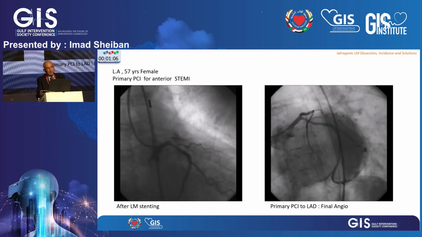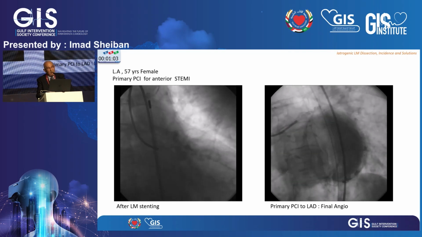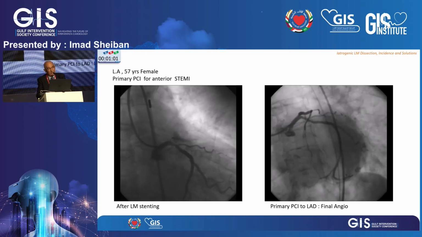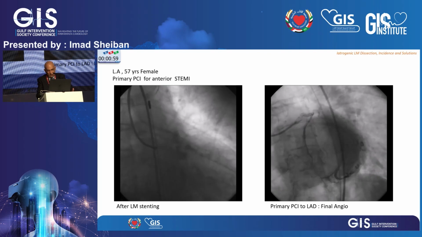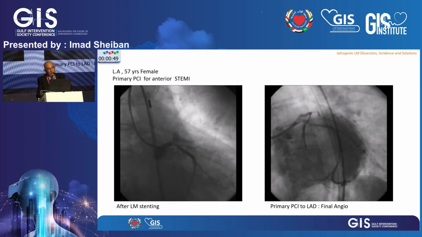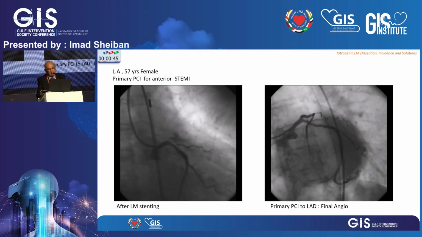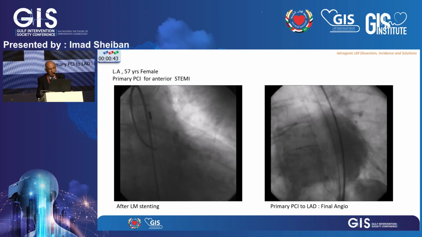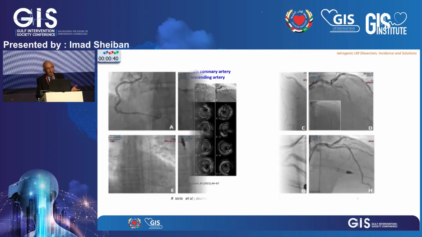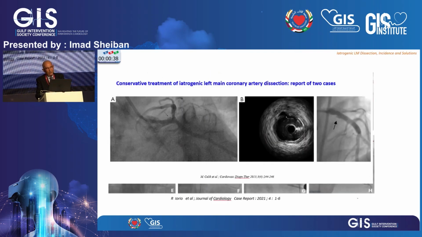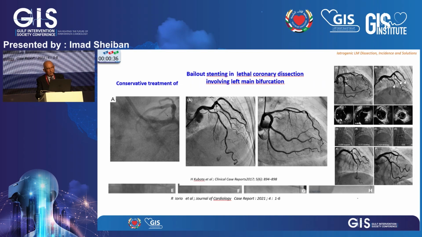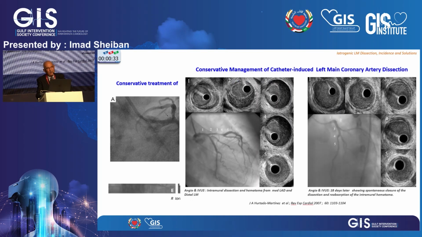But of course, in this situation, patient was coming with STEMI, and as the dissection was occurring, the patient was having low pressure, and so the mechanical circulatory support was needed and was placed. Many other case reports on the efficacy of this kind of approach, that means stenting, and even conservative management with catheter-induced dissection.